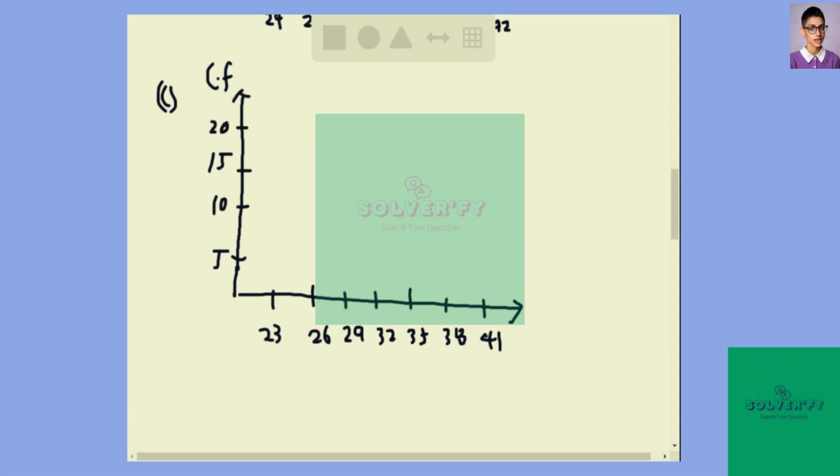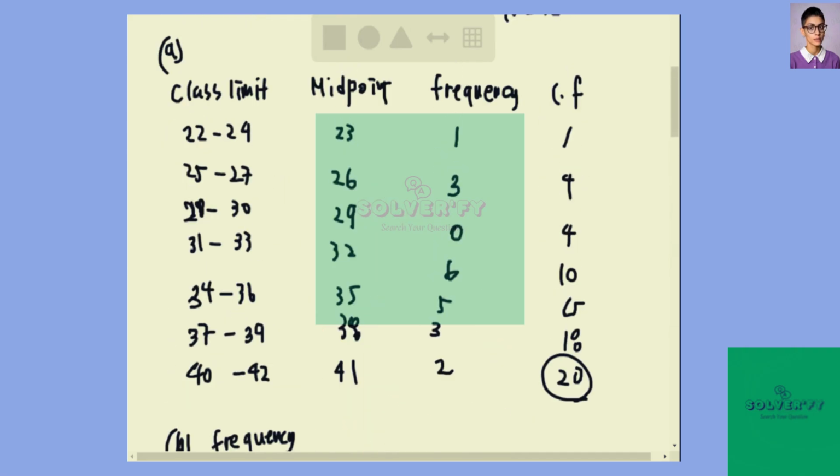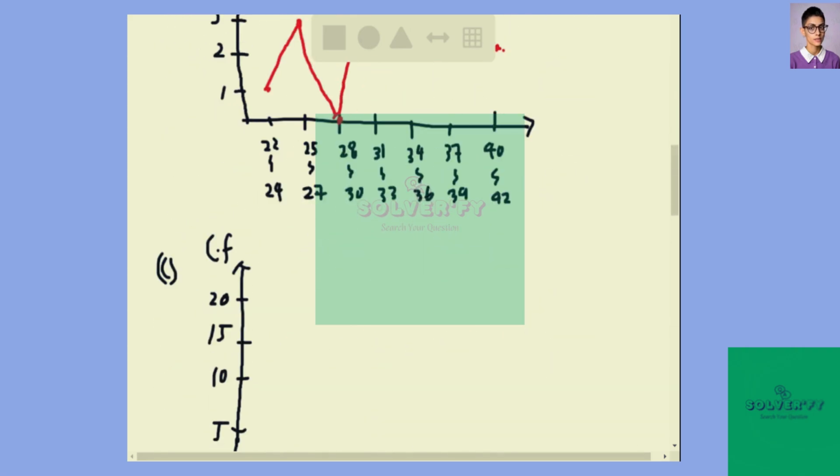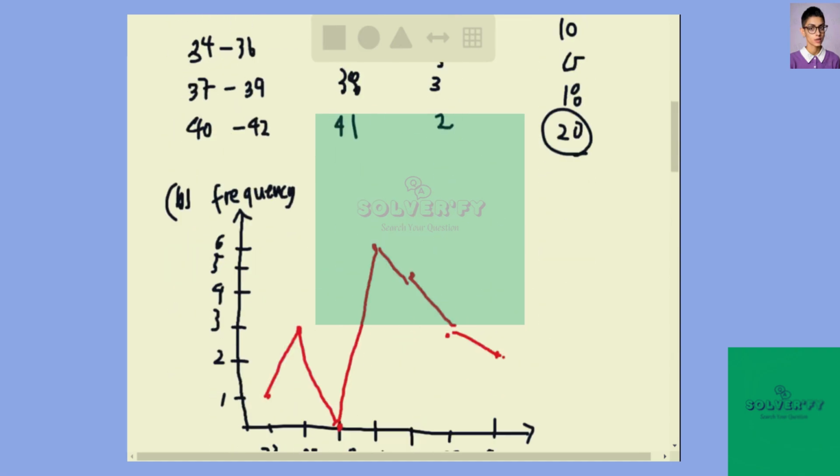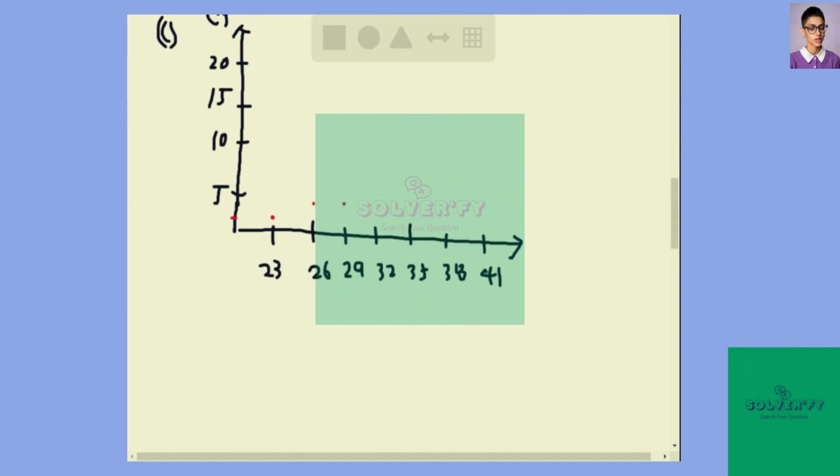Now in red pen: 1, 4, 4, 10. The 1 should be here, 4 still here, and 4 is here. Then 10, 15, 18. The 18 is going to be very close to 20, and at 41, it's 20; it should be hitting 20.